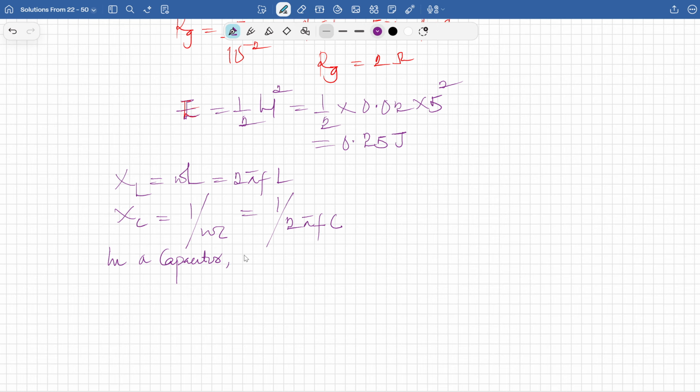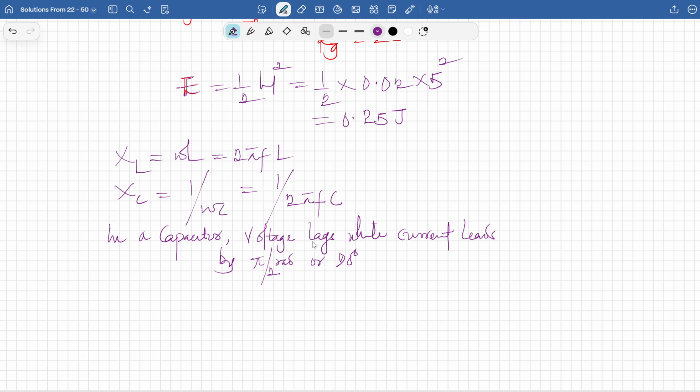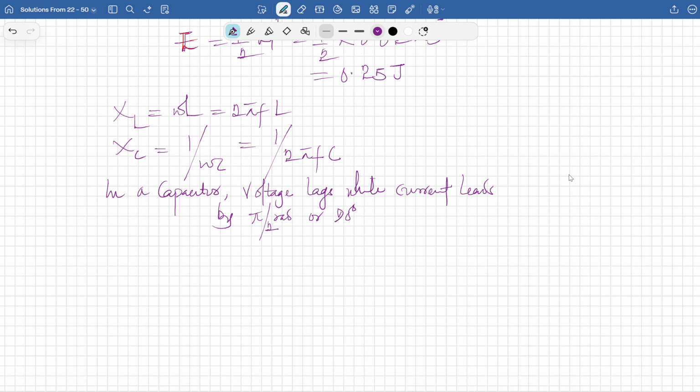You need to know that in a capacitor, voltage lags while current leads. By what angle? By pi over 2 rad, or equivalently 90 degrees, because the capacitor makes use of voltage in its energy formula.